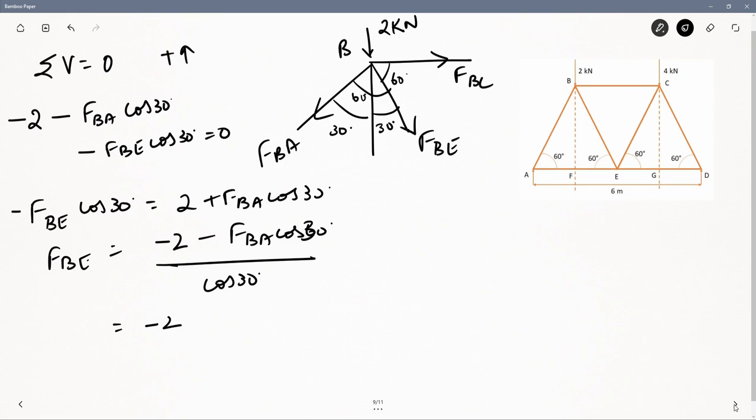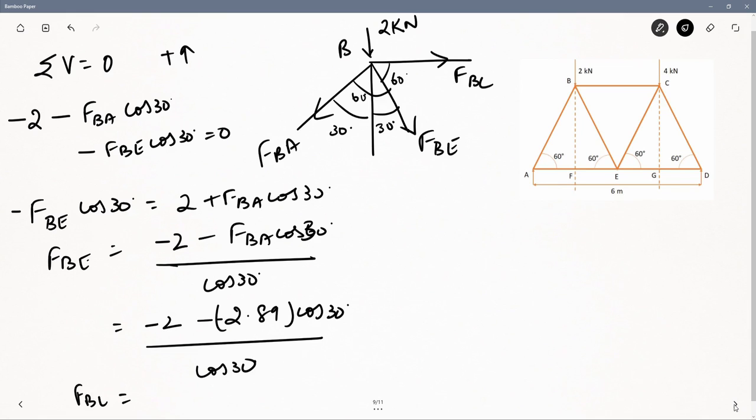Minus 2, and my FBA value is minus 2.89, cos 30 divided by cos 30, and my FBE value would be equivalent to 0.58 kilonewton.